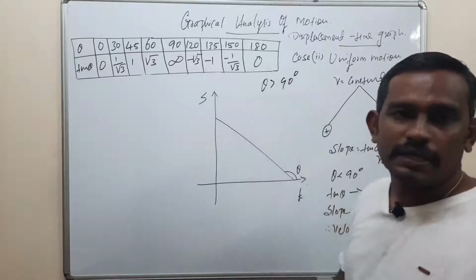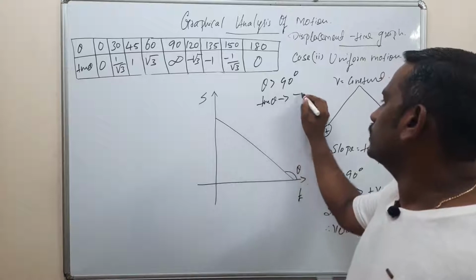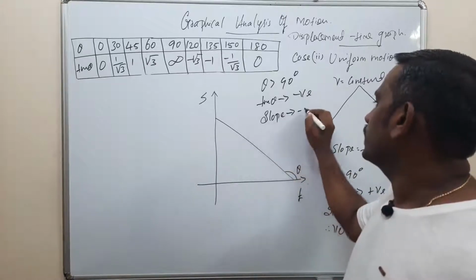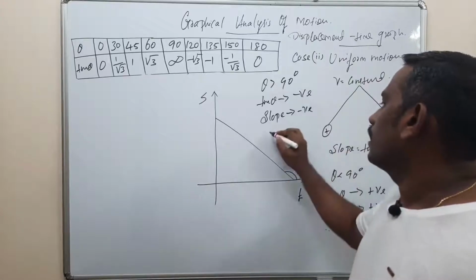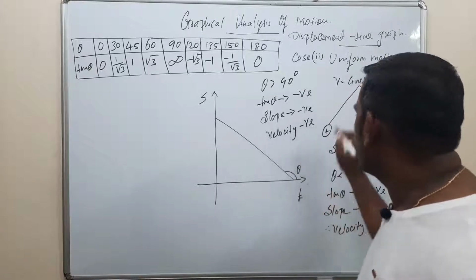Theta greater than 90 degrees, so tan theta is negative, slope is negative. Slope negative means velocity negative.